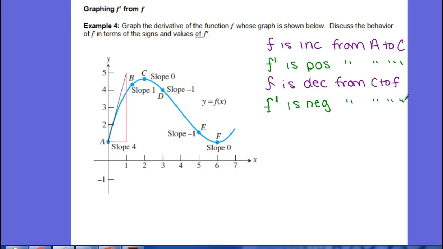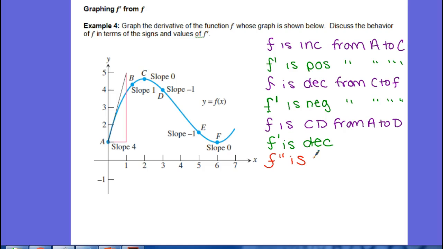From A to about D, this graph is what? So that means f is concave down from A to D. So f prime is what when it is concave down? And f double prime is what?